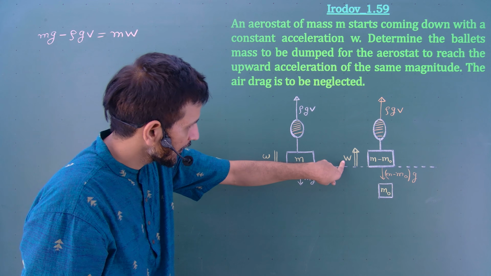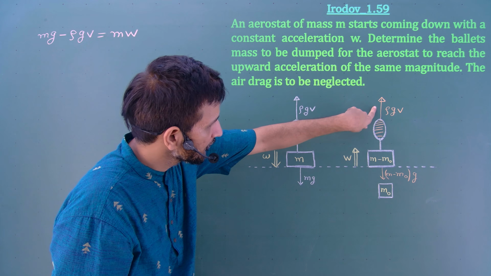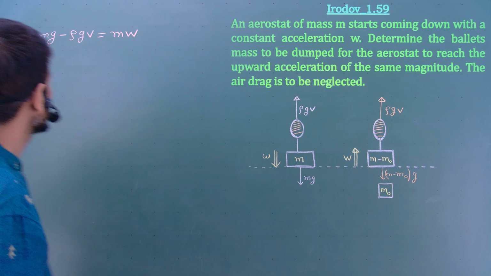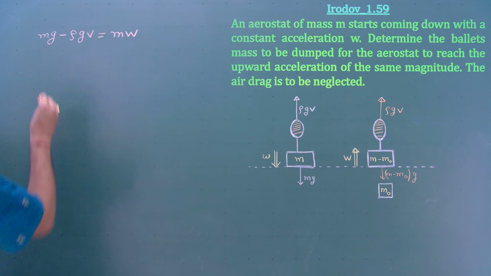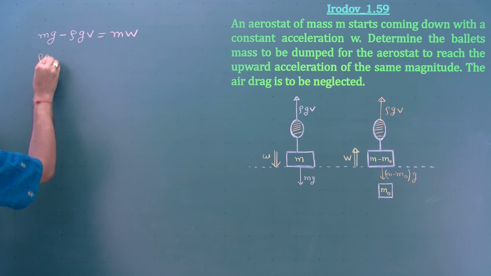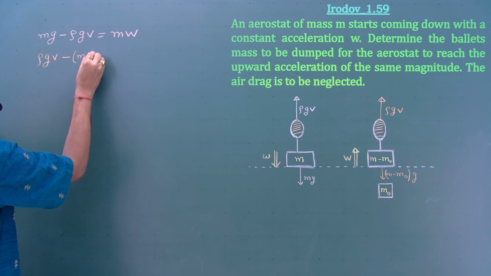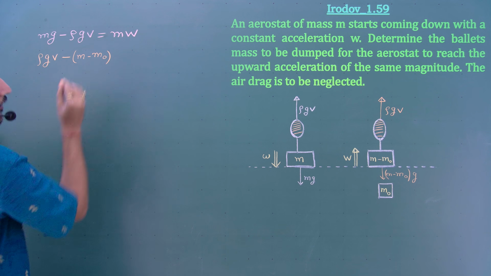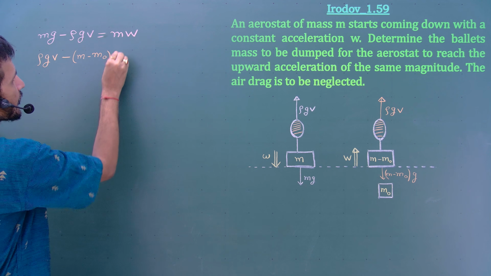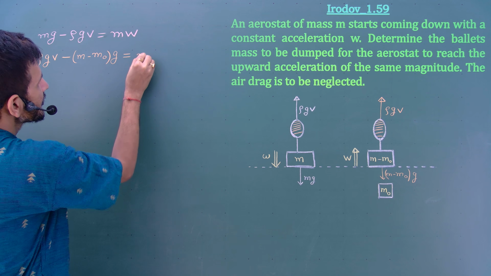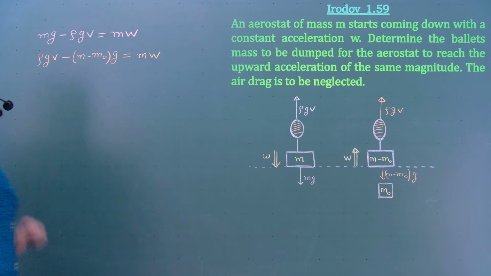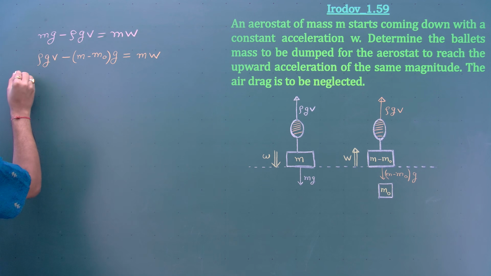The acceleration is in the upward direction, so this force is greater than this force. Now the second equation becomes rho g v minus (m minus m naught) into g, force equal to mass into acceleration. So we have to calculate the value of m naught.